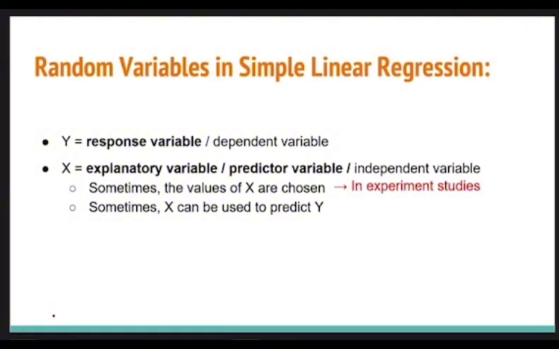I remember the other time I said you want to look at the relationship between length of stay in hospital and income. The length of stay is your response variable. The income is the explanatory variable. So y is the response, or we also call it dependent. x is the explanatory variable; we also call it predictor, or independent. So, y and x.